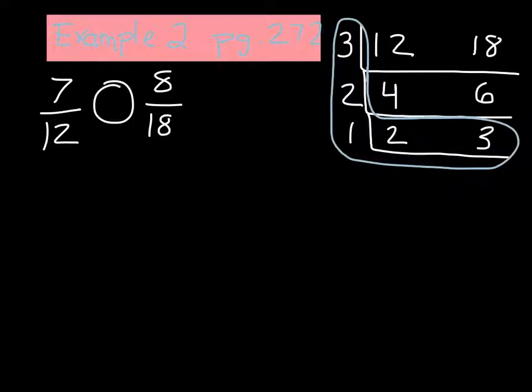And then we go 3 times 2 gives us 6. Times 1 still gives us 6. Times 2 gives us 12. And then 12 times 3 gives us 36. So our least common denominator is 36. So now I need to rewrite my fraction.